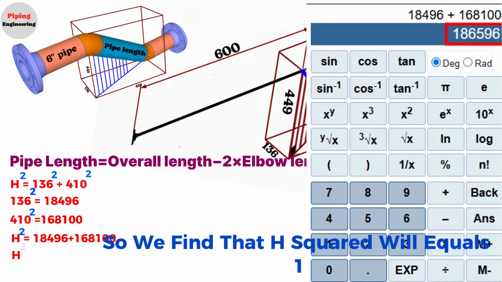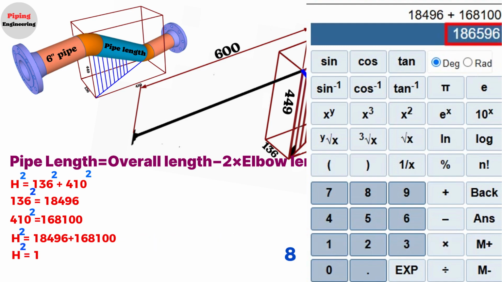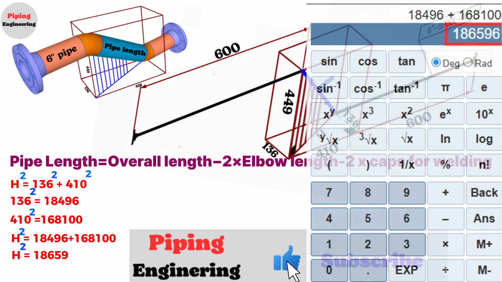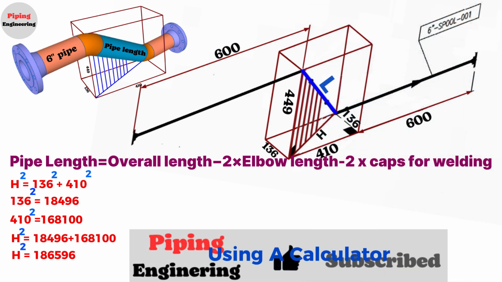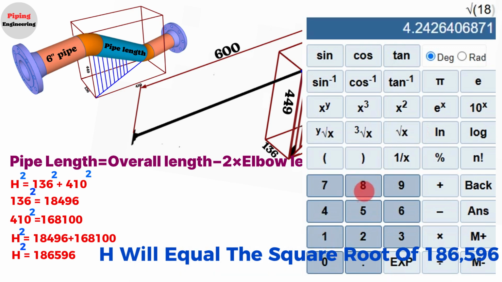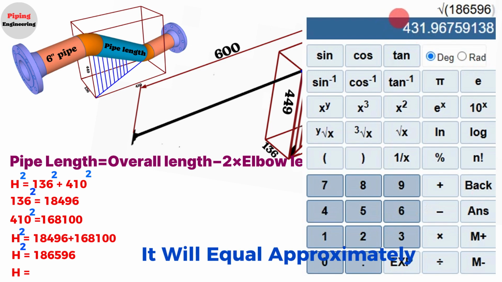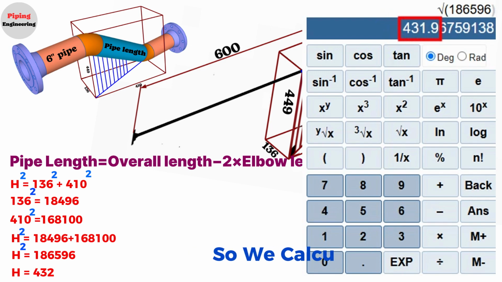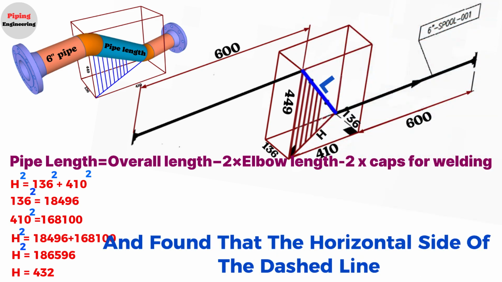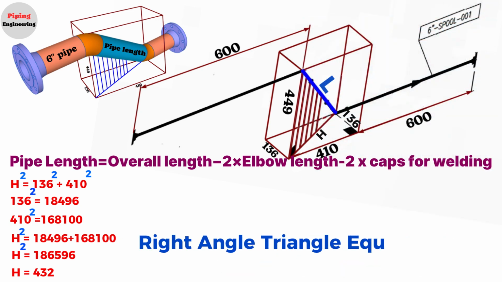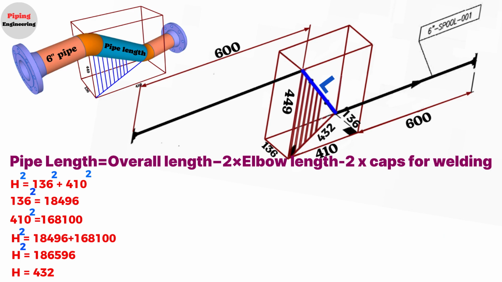So, we find that h squared equals 186,596. Using a calculator, h will equal the square root of 186,596. It will equal approximately 432. So, we calculated and found that the horizontal side of the dashed line right angle triangle equals 432 mm.